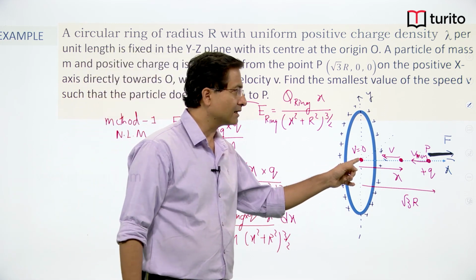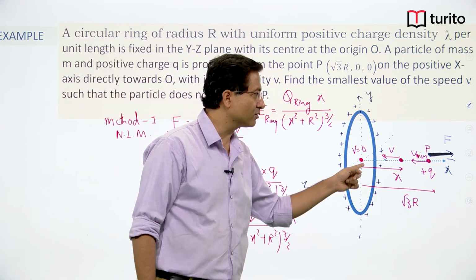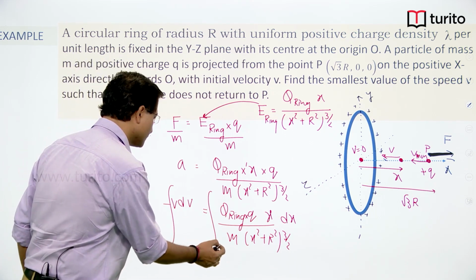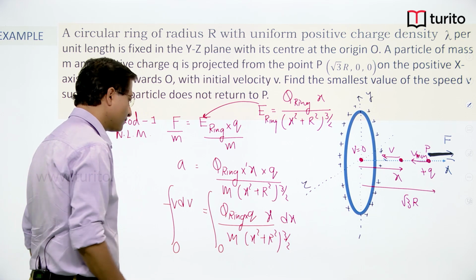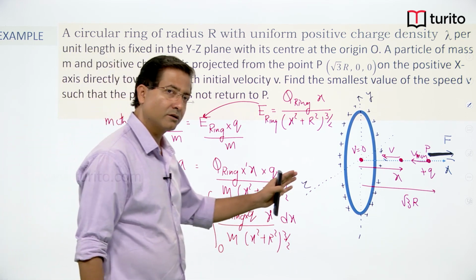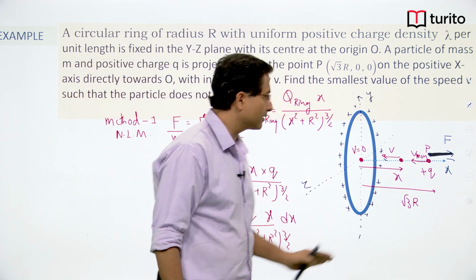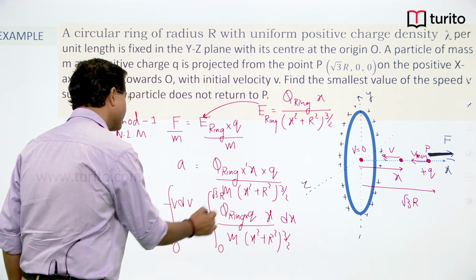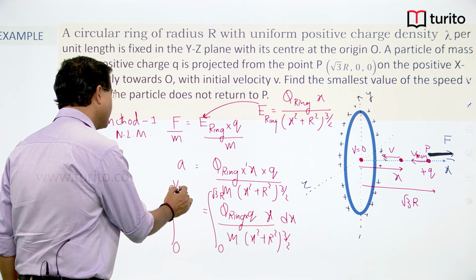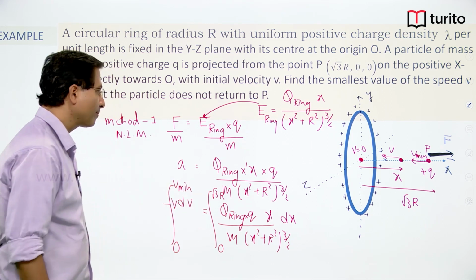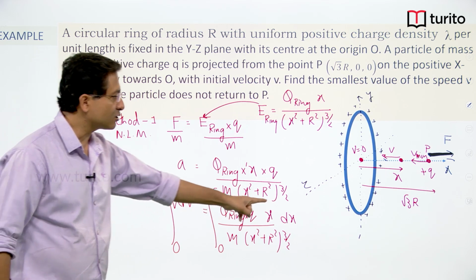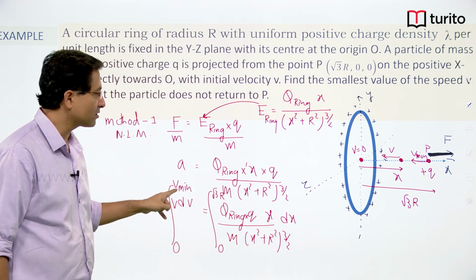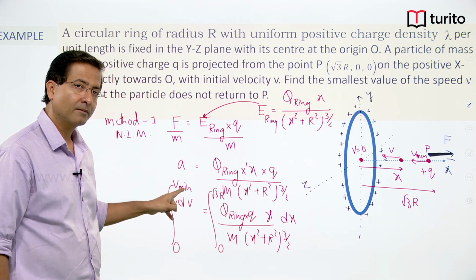The requirement is that the velocity at the center becomes 0, that means x is equal to 0, velocity is 0, and when x was root 3 r, the velocity was v min. Integrating this and putting in the limits, I will get the velocity v min, right.